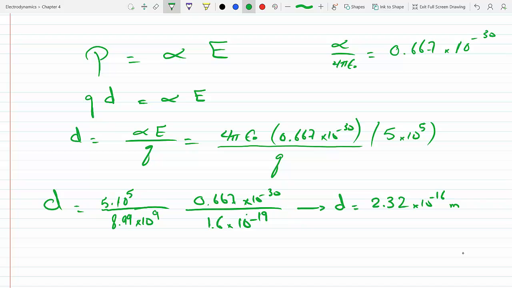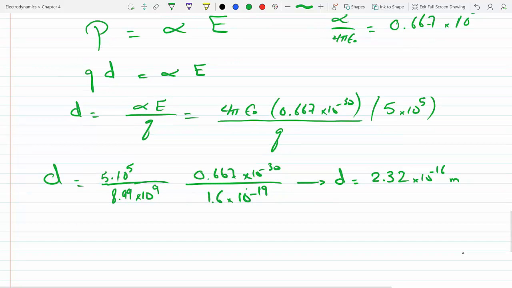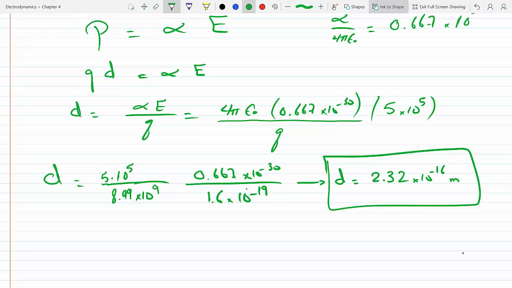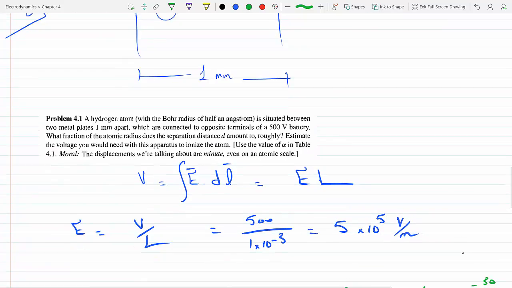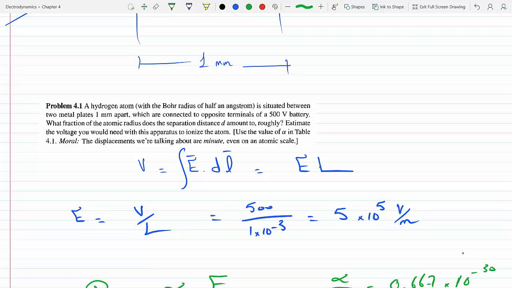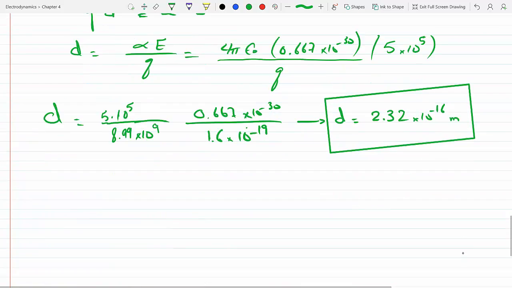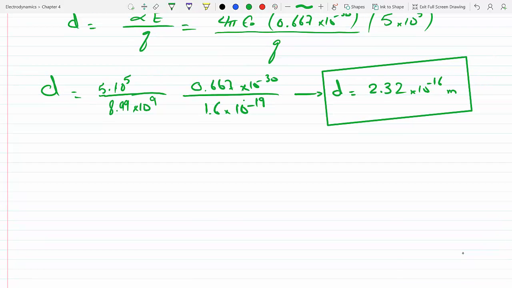So you could see, as the book says in the moral, the displacements are very minute, even on the atomic scale. We can demonstrate that by comparing it roughly to the atomic radius. So let's divide, D over R, to get the ratio.